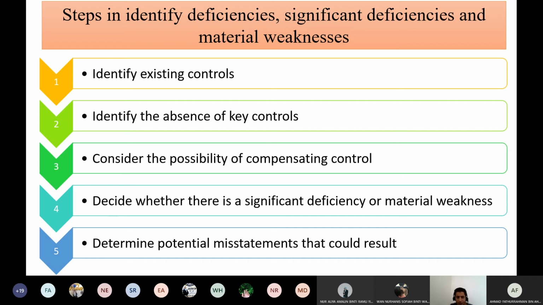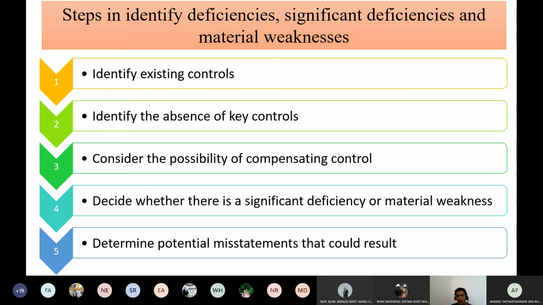So if they have it, then the auditor's step number 4 is to decide whether there are significant deficiencies or material weaknesses. To identify whether this weakness is material and significant. Number 5, determine the potential misstatement that could result in the financial statement. If you notice, we refer again to the financial statement. So when we assess the control, we should identify that risk.